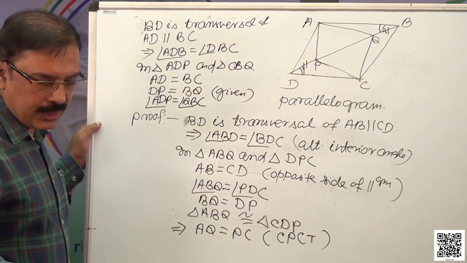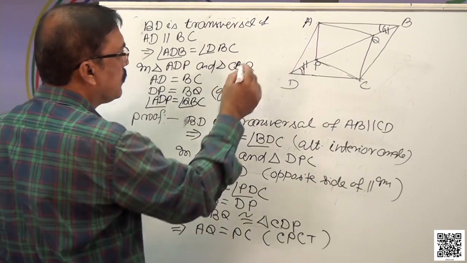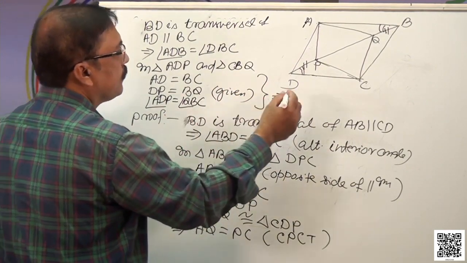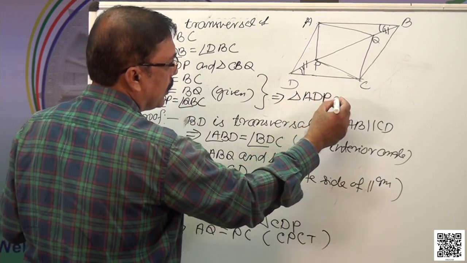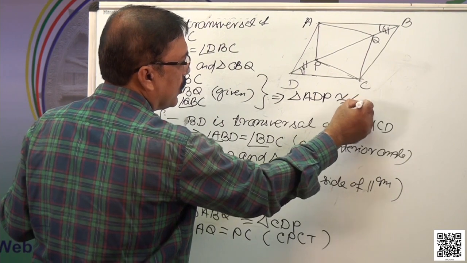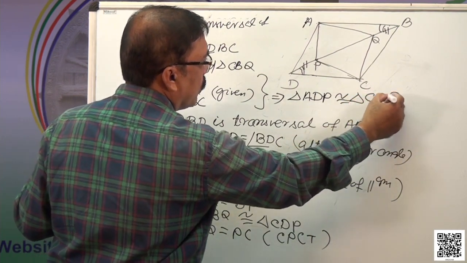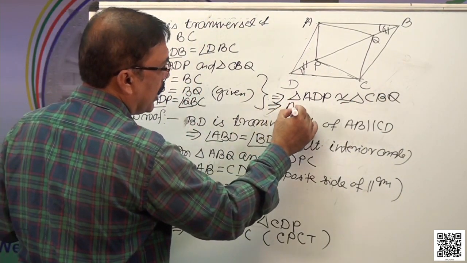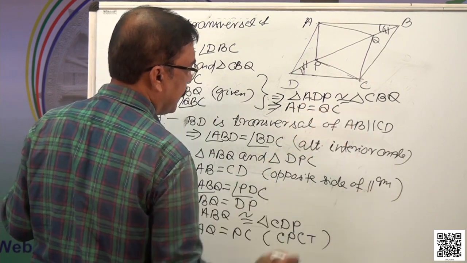So this implies these three conditions states that triangle ADP is congruent to triangle CBQ, which again gives that AP is equal to QC.